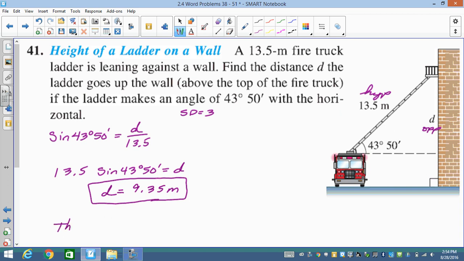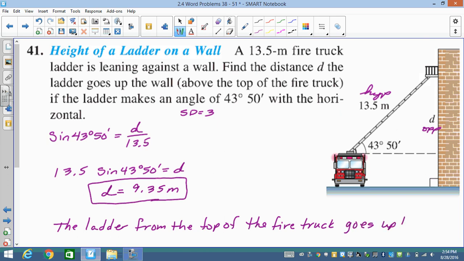The ladder from the top of the fire truck goes up the wall 9.35 meters.